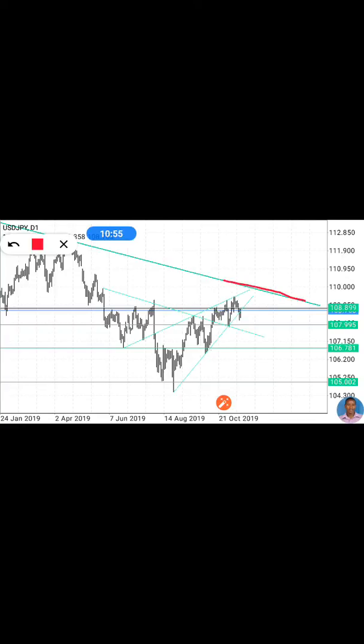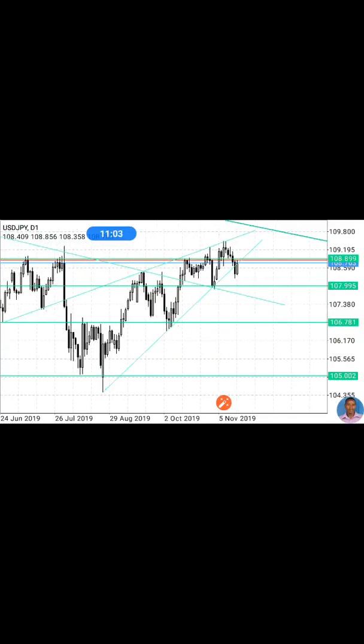It's possible that the price will, from this point, go to test this trend line, but the fact that it has broken our wedge, I'm expecting it to move from that point down to around this area in the following week. So this is what I'm expecting on this tutorial on next week.